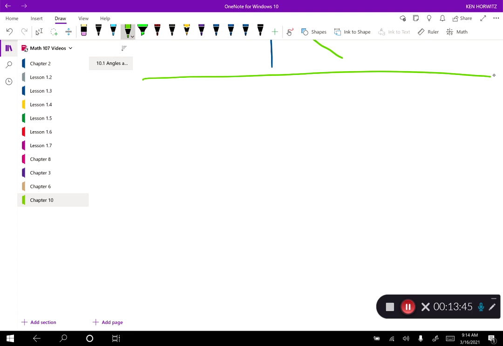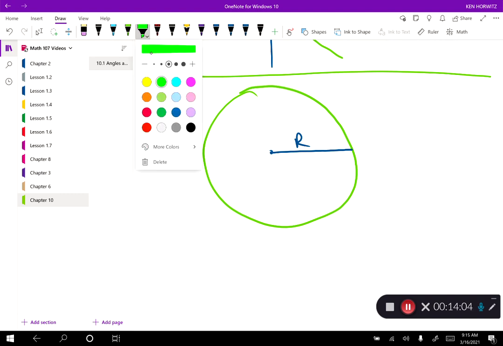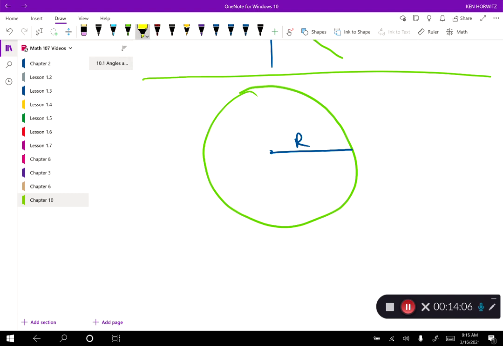So mathematicians developed a thing called a radian. Now basically what a radian is, if I take my circle, all right, and of course this is a better circle that I can free draw, but I'm just giving you an example. Here's my radius. Basically what I want to do is I want to take this radius and I want to measure the length around my circle.